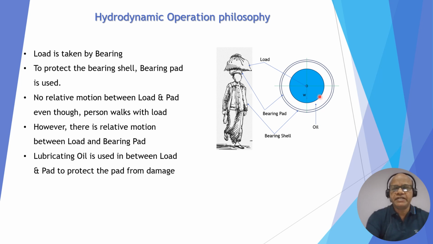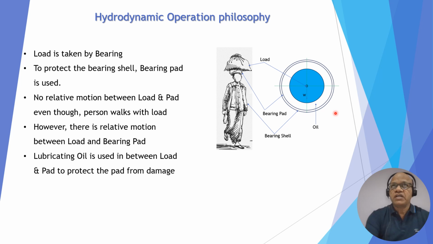That means there is a relative motion between the shaft and the bearing, whereas the man, even though he is walking and taking the load on his head, has no relative motion. So even though the bearing is also taking the load, there is a change. What change? The change is relative motion, because the shaft is revolving, the shaft is rotating, the bearing is stationary, so there will be relative motion.